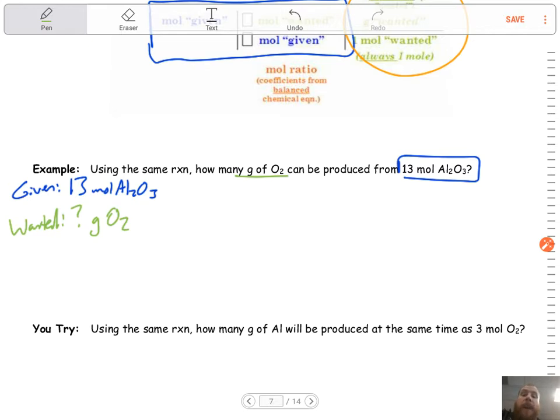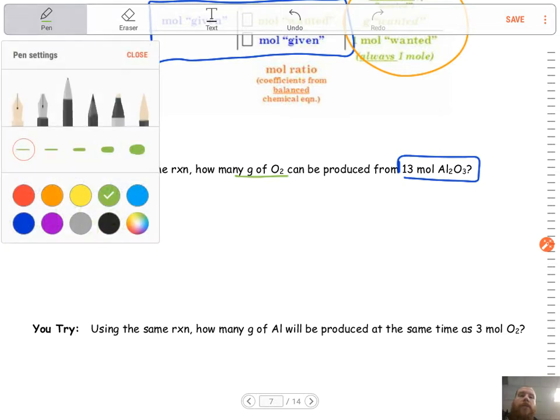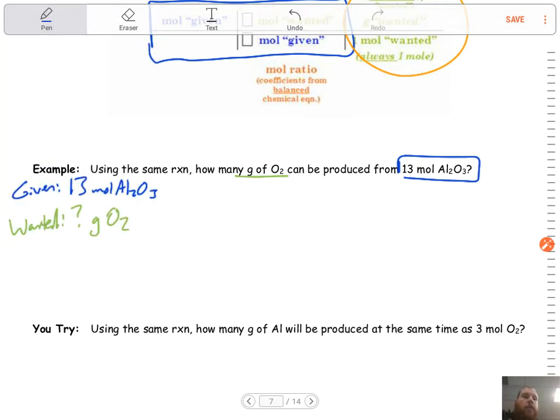This is something that chemists all over the world and any chemical plant, something like Kodak or Procter & Gamble where they're producing different things, or someplace like Pfizer that's making different medicines, are doing on a daily basis. These calculations govern and guide the reactions that they actually produce on the floor. So that's why this is so important to us.